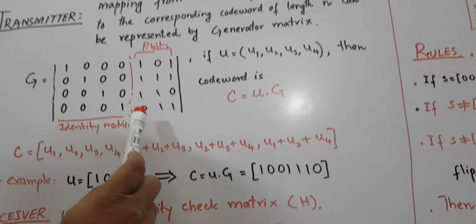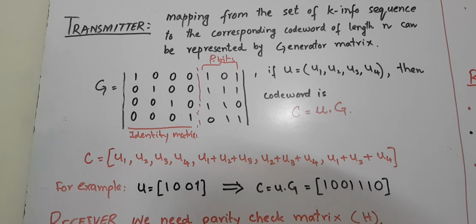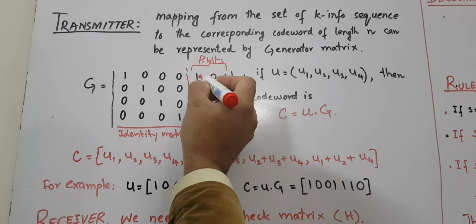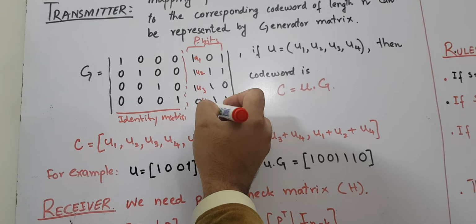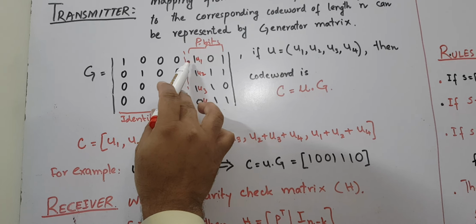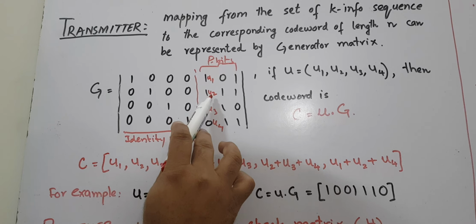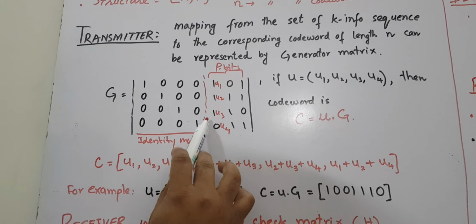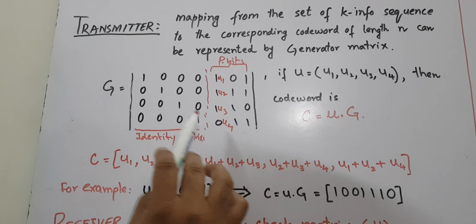But for the parity bits, if you multiply the fifth column, this entry is for u1, this is u2, this is u3, and this is u4. So u1 multiplied by 1 gives u1, u2 multiplied by 1 gives u2, u3 multiplied by 1 gives u3, and u4 multiplied by 0 gives 0.